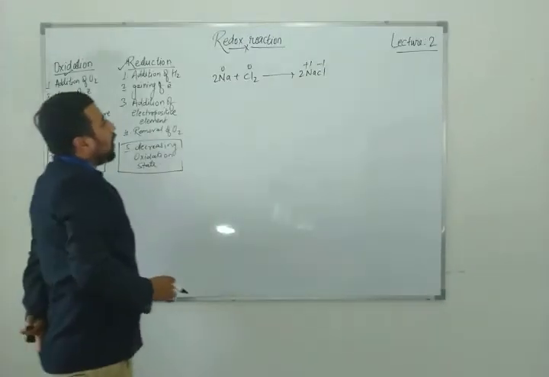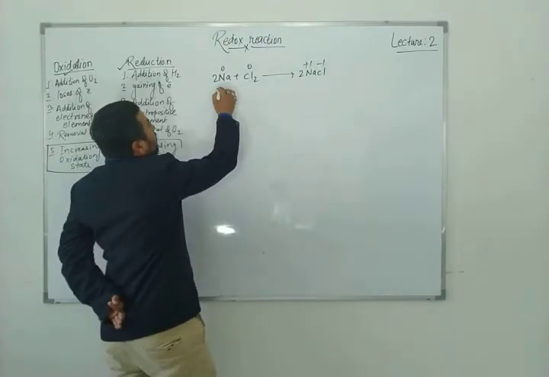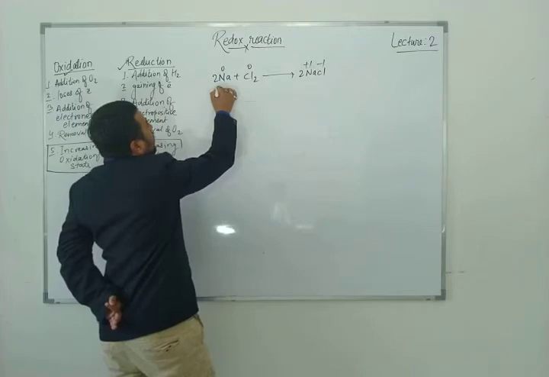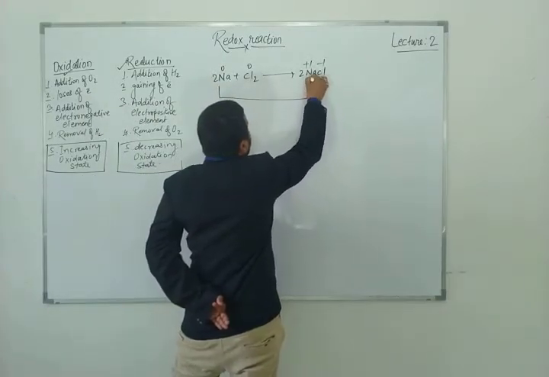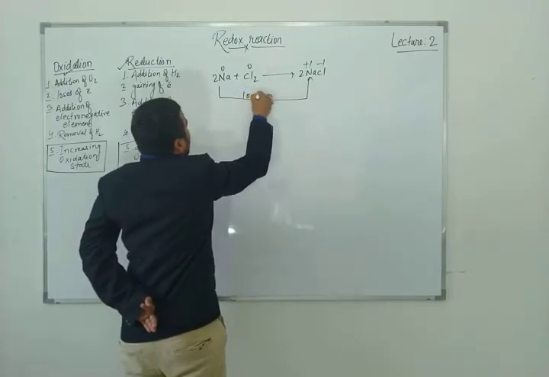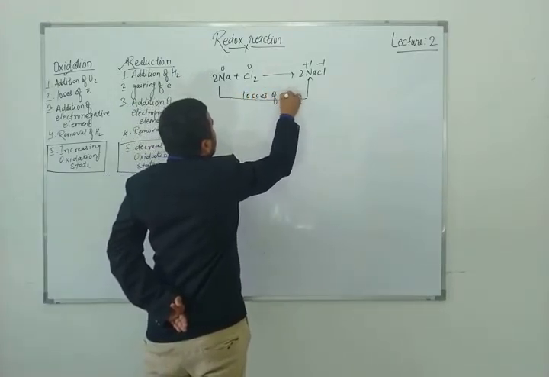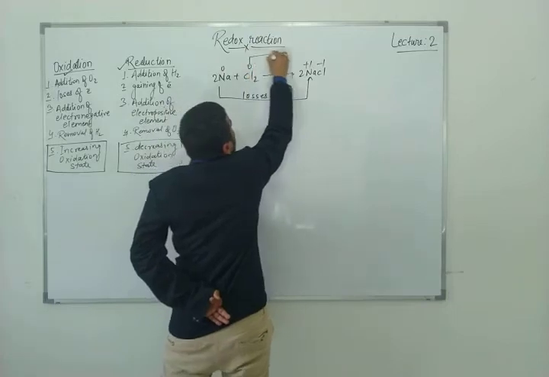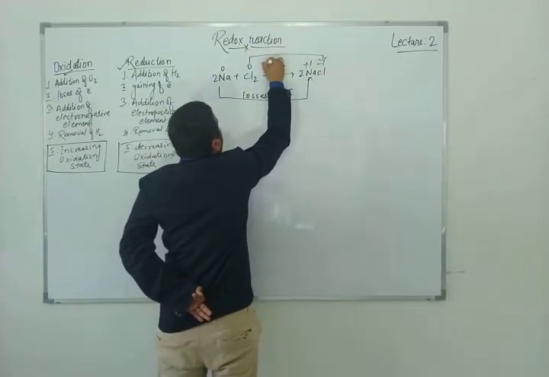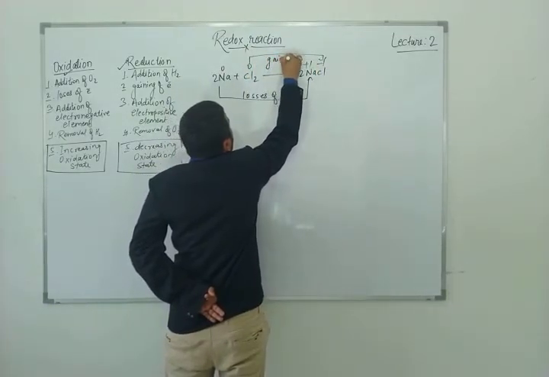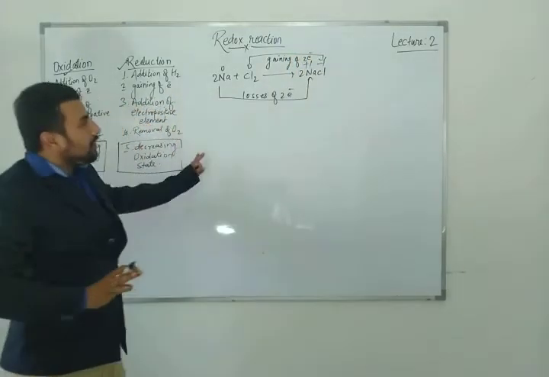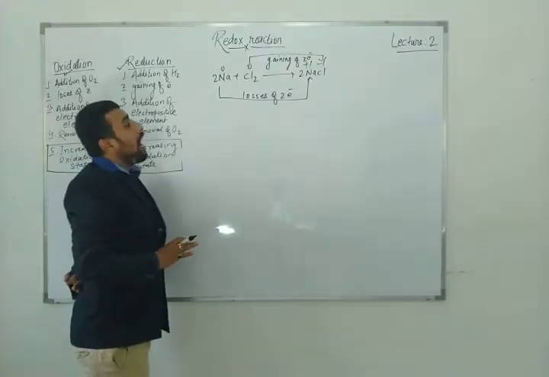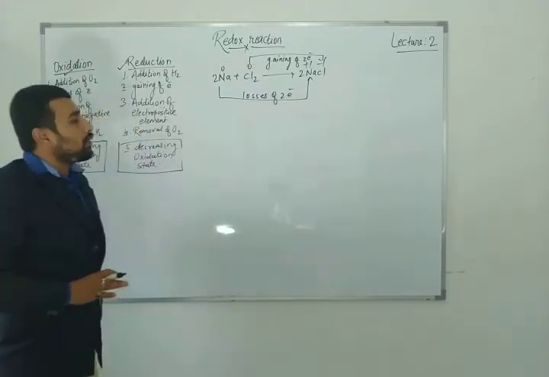Because there are 2 atoms, sodium has lost 2 electrons, and here chlorine has gained 2 electrons. So in this way you can directly say by the transferring of how many electrons it has become +1 or -1.